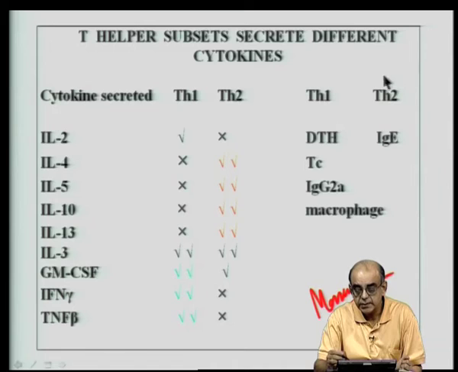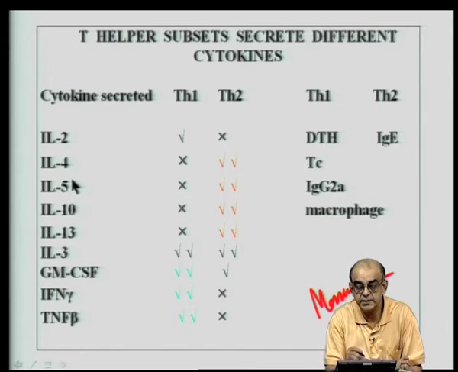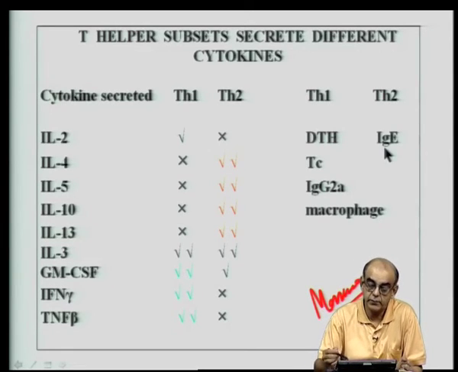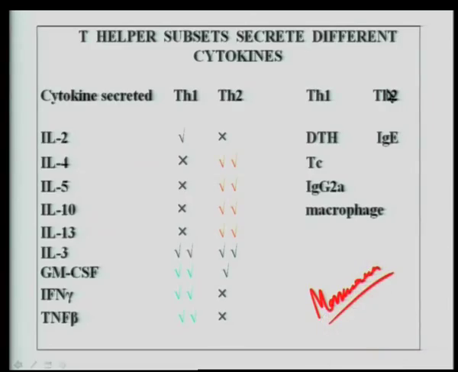In a Th2 response, of course, you have more IgE because you have IL-4 and IL-5, which help in the class switching of B cells that would give IgE. Therefore, total antibody production is facilitated by Th2 cells. So, you see there are two different kinds of T helper cells, and this has a very important bearing on the outcome of immune responses after antigen activation.